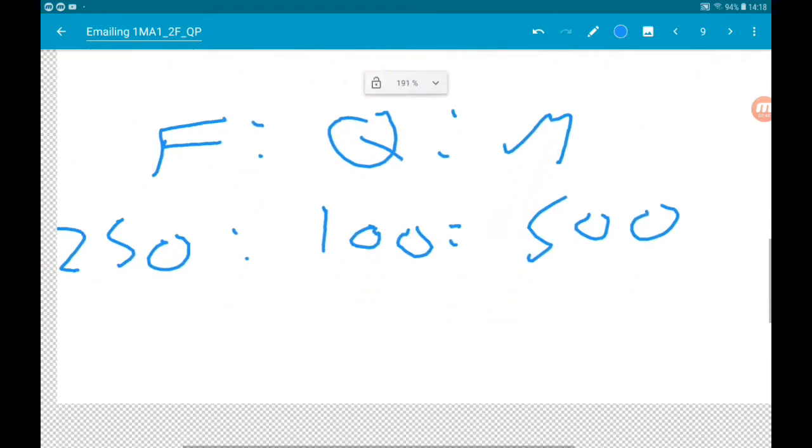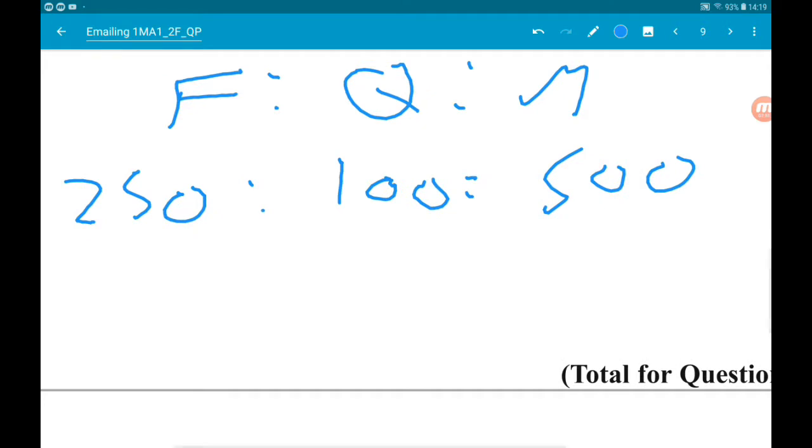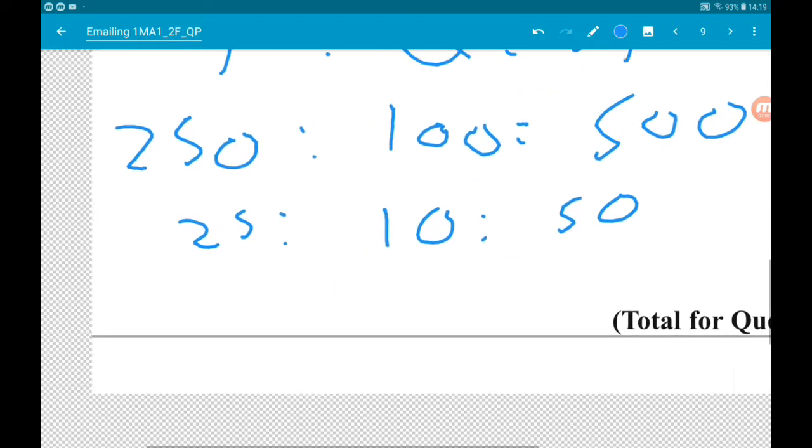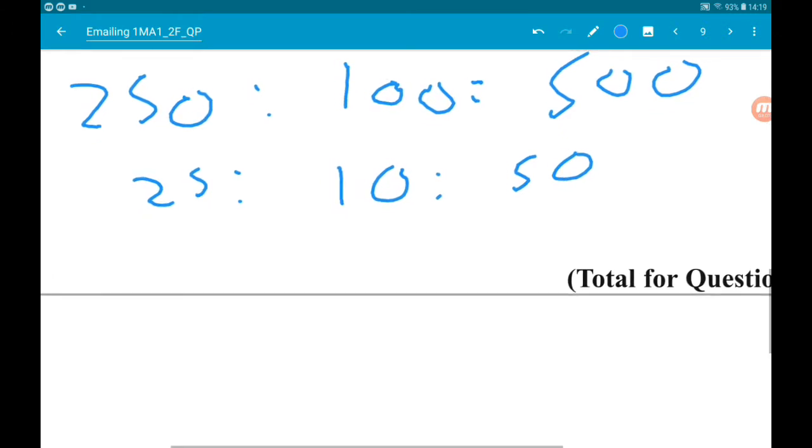Now we need to simplify this. So there's a common factor of 10. So it's 25 to 10 to 50. And then there's a common factor of 5. So it's 5 to 2 to 10.